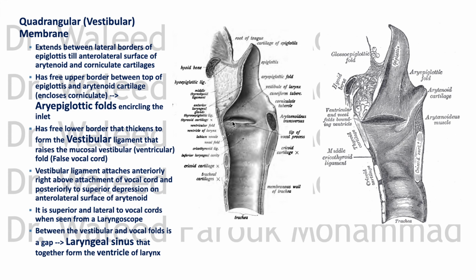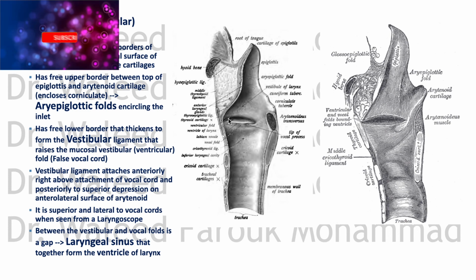And a laryngeal sinus on one side with the middle space, and the laryngeal sinus on the other side, this is called the ventricle of the larynx. So we have a laryngeal sinus, we have a ventricle. The ventricle is the two laryngeal sinuses together. Okay? See, lots of things you can say about this membrane.